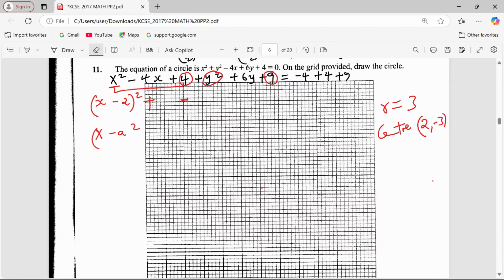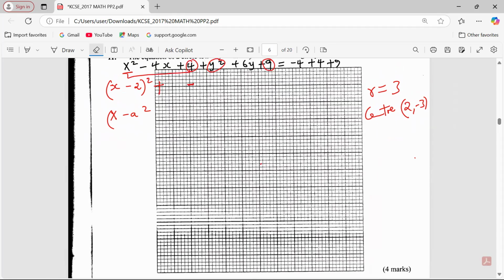So allow me to restructure it. Zero, 1, 2, 3, 1, 2, -1, -2, -3, -4, -5, -6.